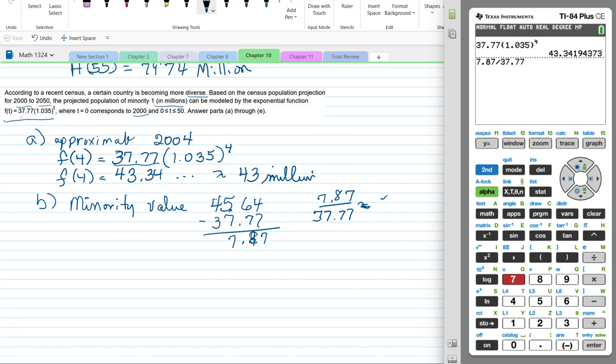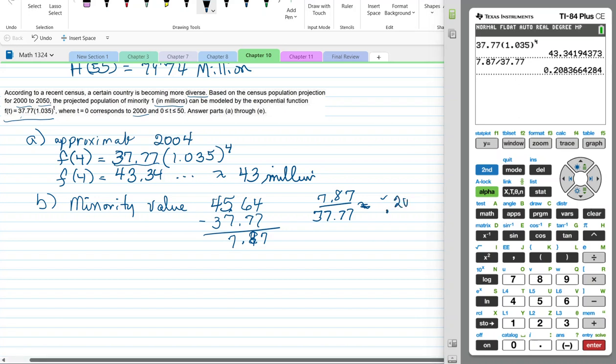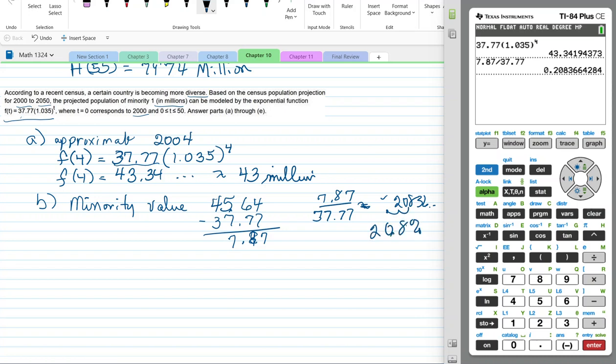You'll see it on this problem set. And that gives me a decimal 0.2083 on and on. We're going to do a percent, 20.8% increase in the population. That was the last question, because the prior one was what was our population number against what the initial was.